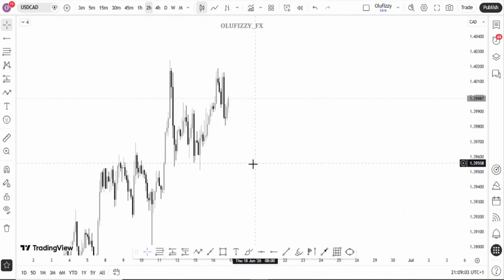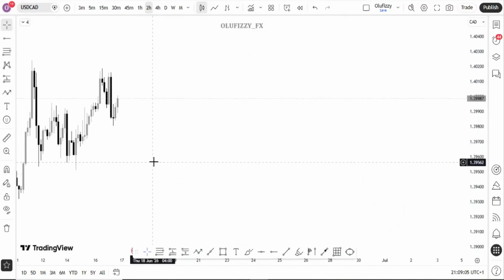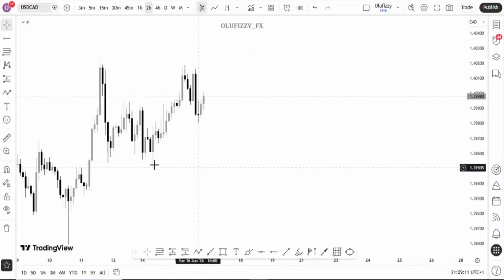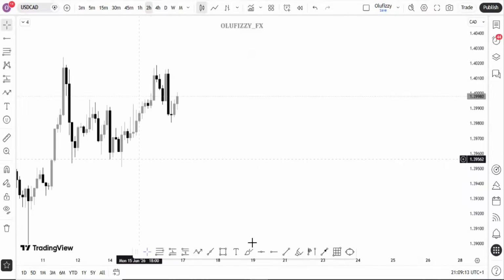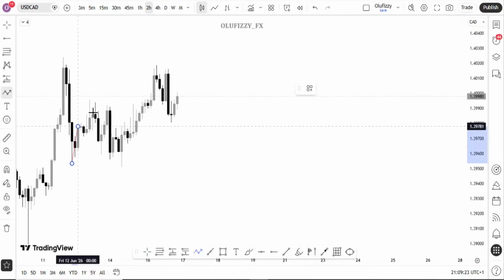Because another thing most people do is that they always follow just a single candlestick. Maybe when they are trying to mark structure, they will just say that okay, market gave you a high, a low, and they will keep following just a single candlestick.